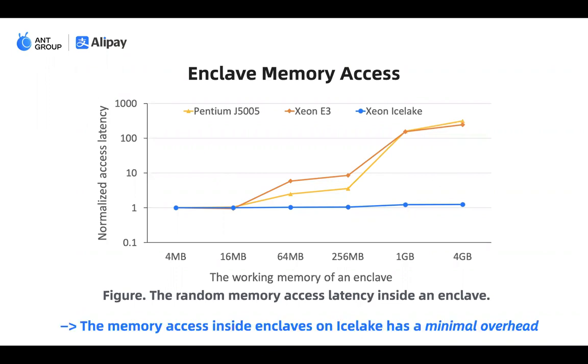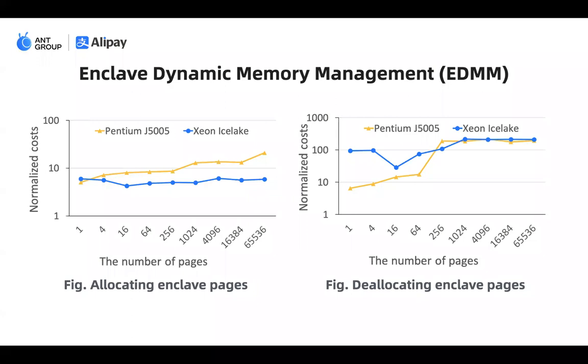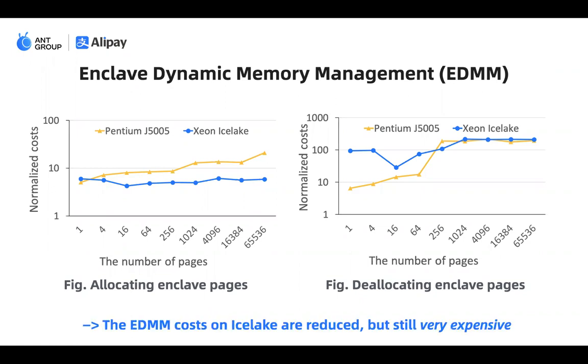So the memory access latency inside enclaves on Ice Lake has indeed been greatly reduced. The second aspect is the EDMM. We have measured the cost of allocating or deallocating enclave pages dynamically on Pentium Silver and Xeon Ice Lake. As you can see from the results, the blue line and the red, the yellow line are at about the same level. So the EDMM costs on Ice Lake are still there.